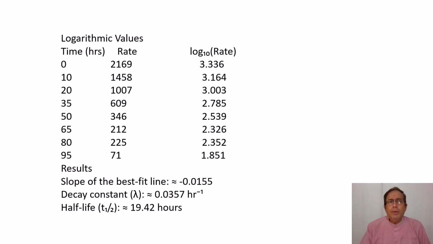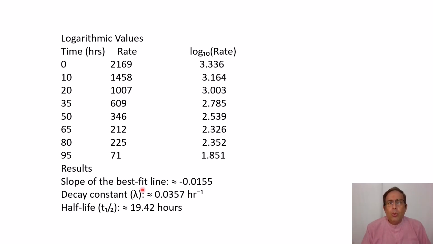So here what we do is we take the time from 0 to 95 hours, we take the rate, we calculate the log to the base 10 of the rate, which is given here, and then we plot time versus log to the base 10 of the rate. So time on the x-axis, and log to the base 10 of the rate on the y-axis.